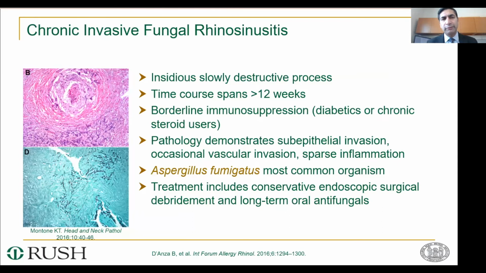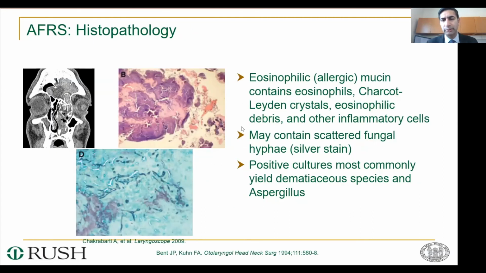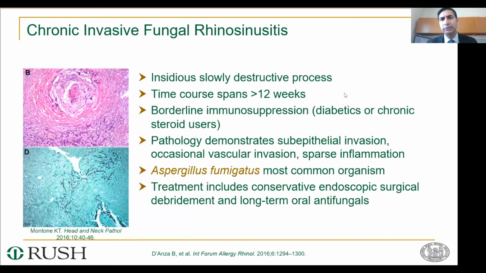For the invasive variants, let's first talk about the chronic invasive fungal rhinosinusitis. This is typically a slow, insidious, destructive process and will span a time course typically over 3 months. As I had mentioned earlier, the immunosuppression in this case is borderline. These can be diabetics or chronic steroid users. And when you look at the pathology, you'll see this fungal invasion of the underlying tissue.